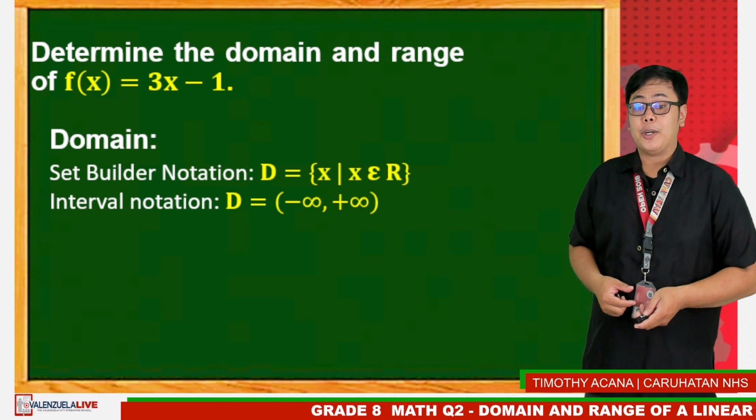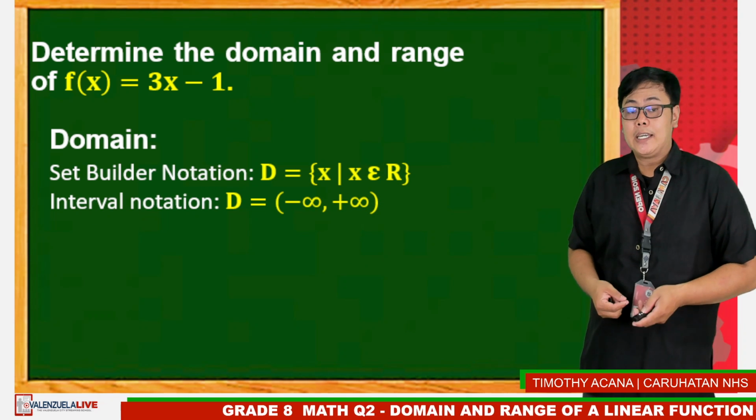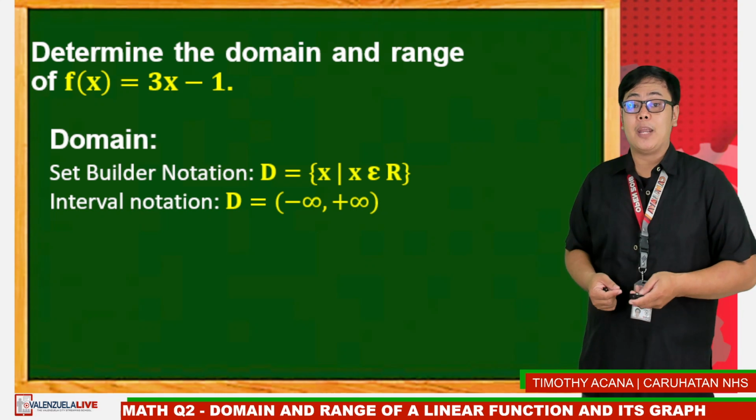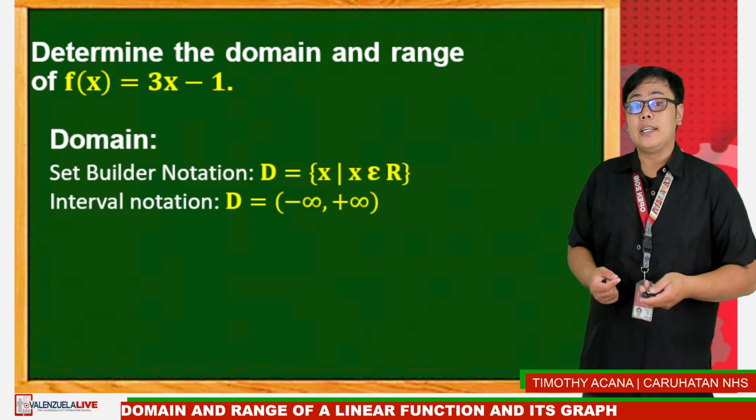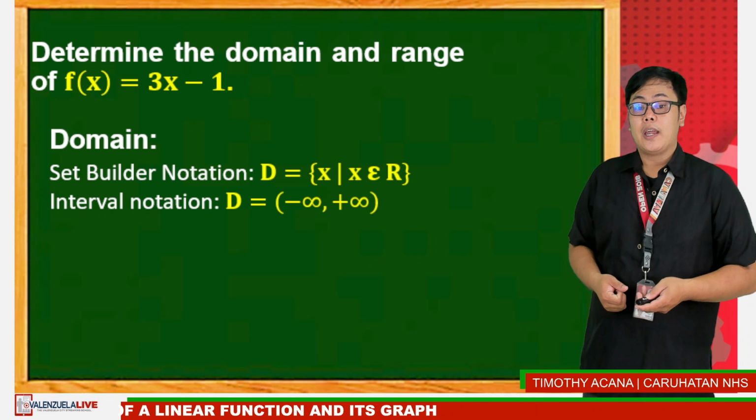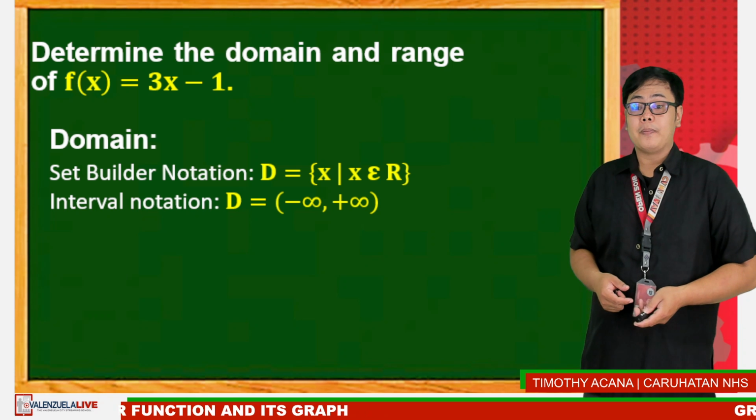And in set builder notation, we have D is equal to {x such that x is an element of the real numbers}. And in interval notation, we have D is equal to (-∞, ∞).